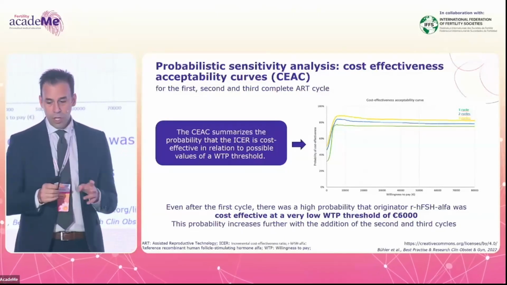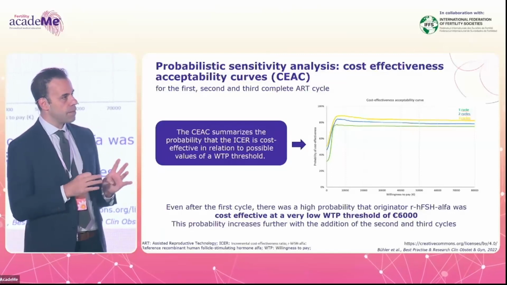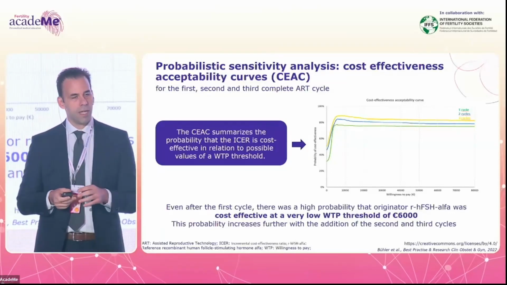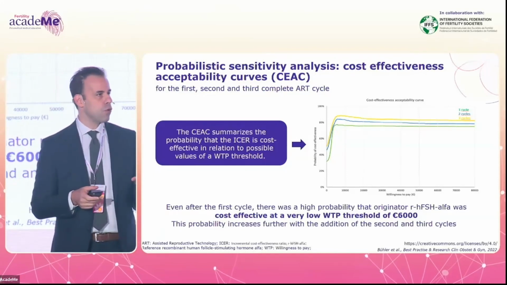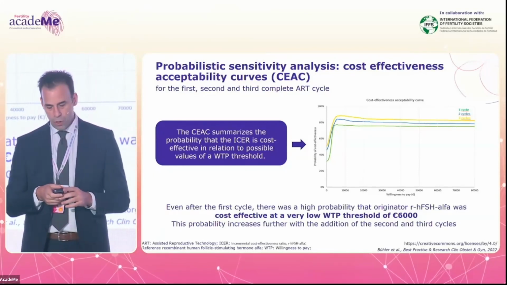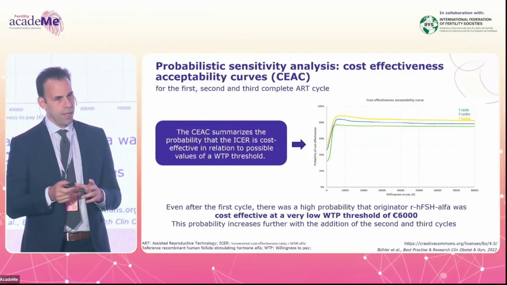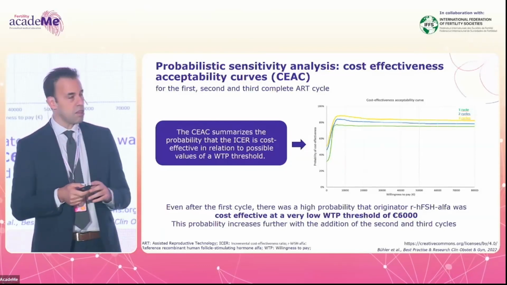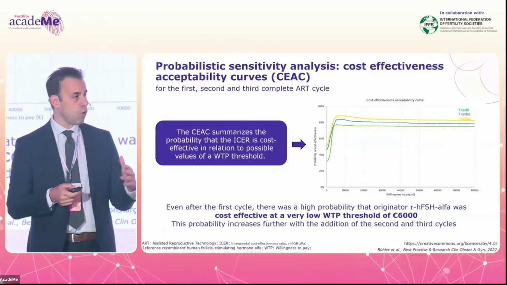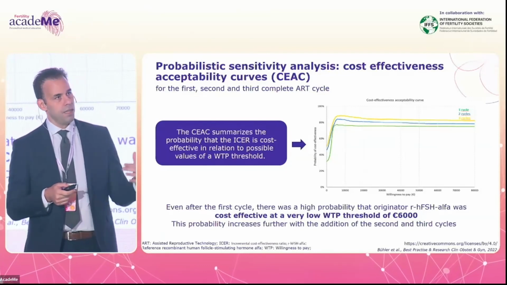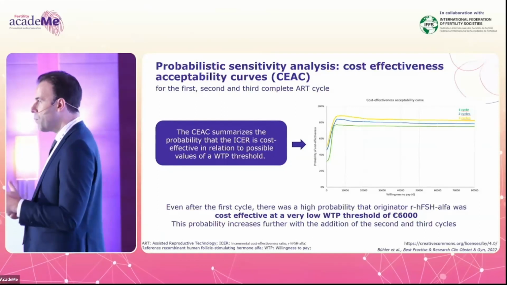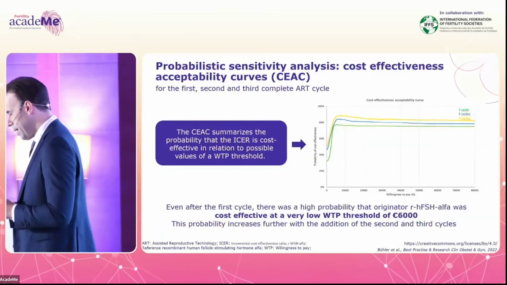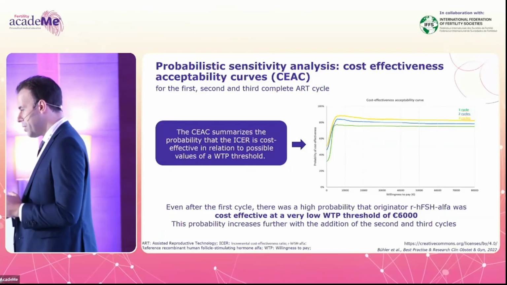So even after the first cycle, there was a very high probability, more than 80%, that follitropin alpha originator would be cost-effective at a threshold much lower than 10,000, close to 6,000 in this study. And I think this was very, very significant. And obviously, as you could expect, this probability increased when we included 2 or 3 cumulative complete ART cycles.